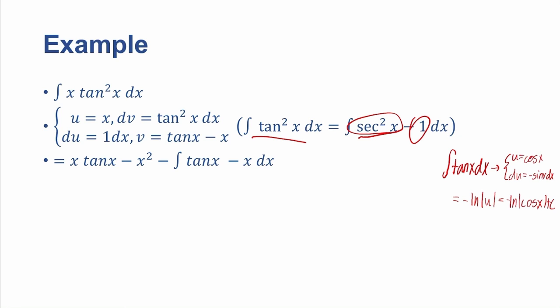This is elementary stuff. And this gives us the answer of x tangent x minus x squared plus 1/2 x squared. I could combine those, but I don't feel like it because this looks fine. Plus, we're going to use the cosine case because that gives us a positive, and that gives us plus natural log of cosine x plus c.